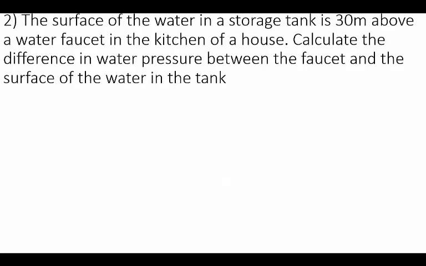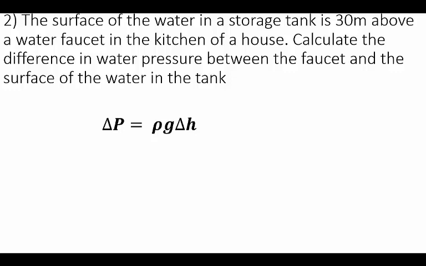Another problem. We have the surface of the water in a storage tank 30 meters above a water faucet in a kitchen. Calculate the difference in water pressure between the faucet and the surface of the water in the tank. So this is just a density and pressure problem.